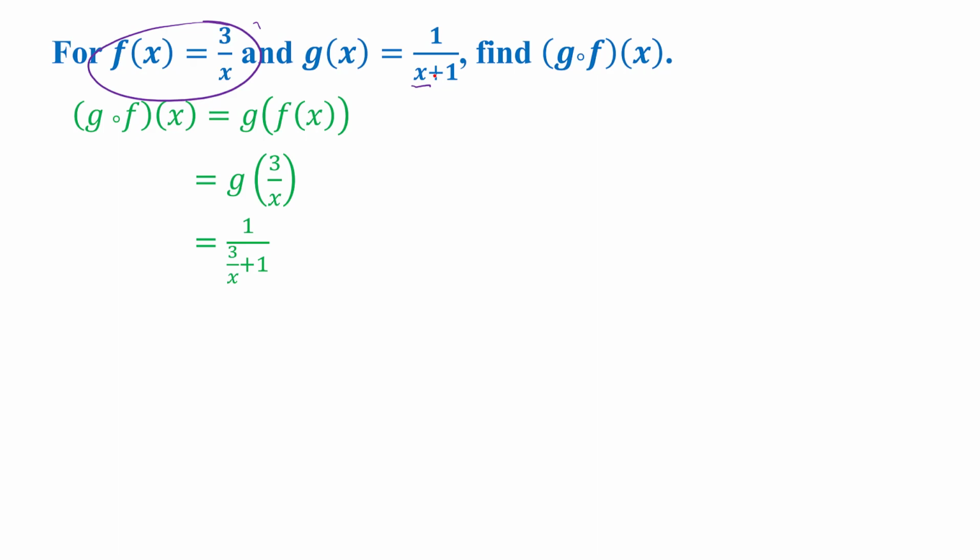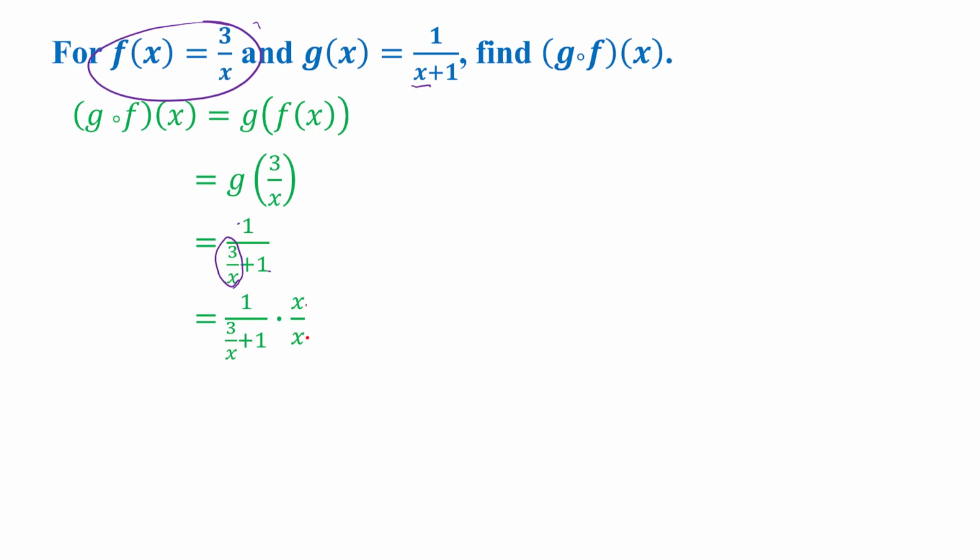over x plus 1. To simplify, I want to get rid of that fraction within a fraction, and so I'm going to multiply by the least common denominator. The only fraction we have within our fraction here is 3 over x. Its denominator is x. So the least common denominator of our fractions within our fraction here is x.